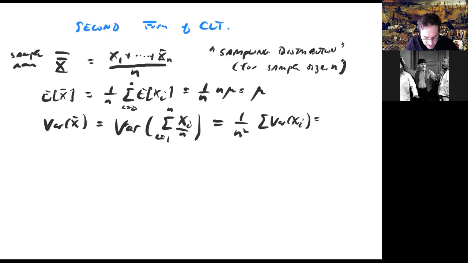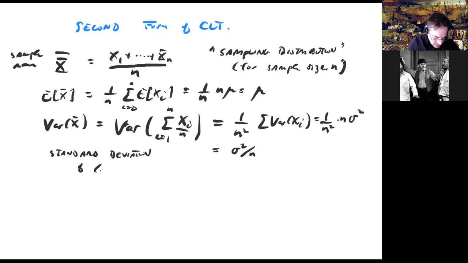And this is then going to be 1 over n squared times n times sigma squared. So you're going to get sigma squared over n. That's the variance. So the standard deviation of the sample mean is equal to sigma over the square root of n.